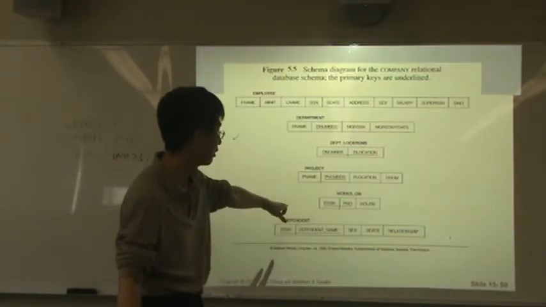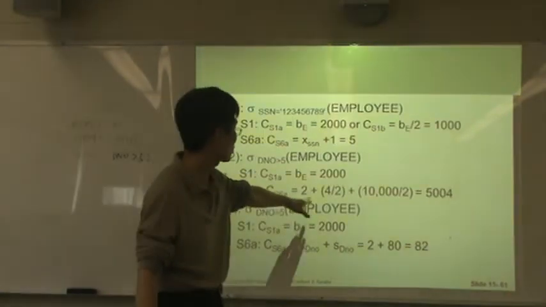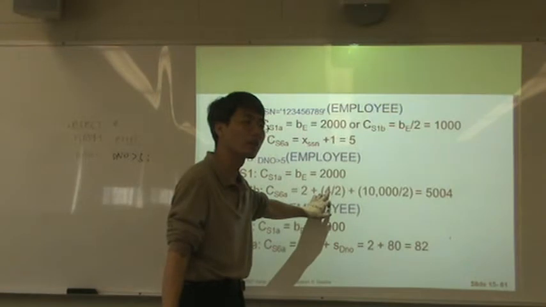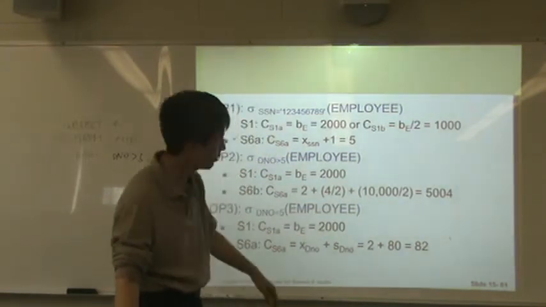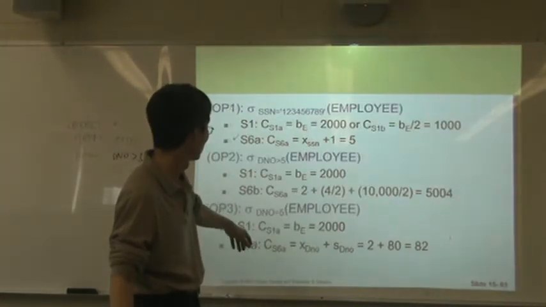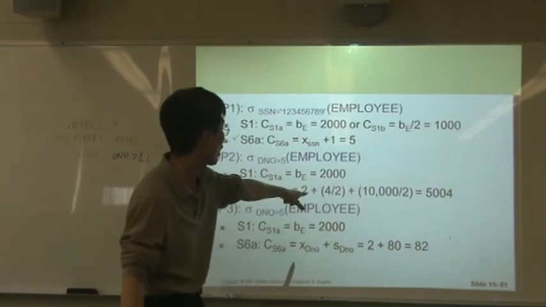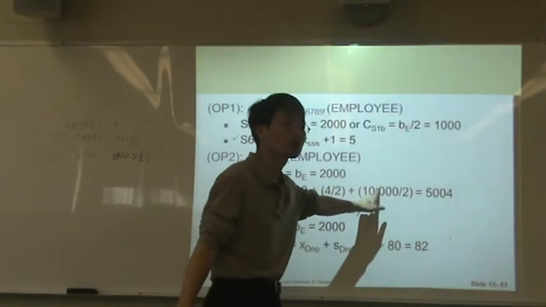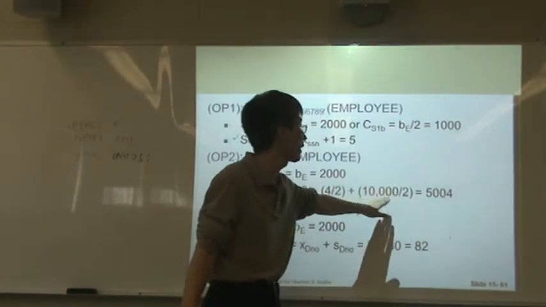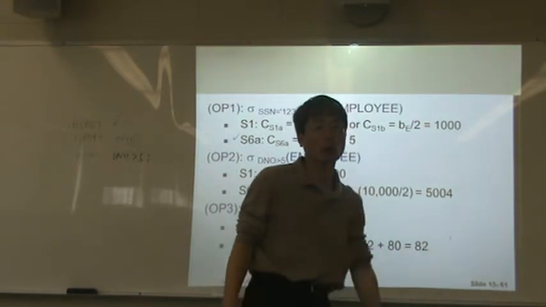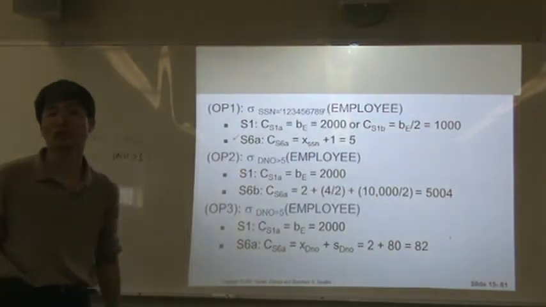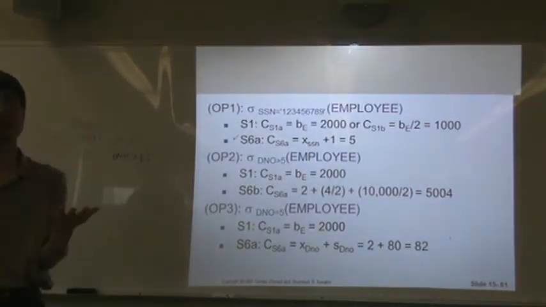Then this one is for the leaf node. How many leaf nodes? 4, it's half, so it's 2. And the total number of employees divided by 2 is 5,004. This is the cost function. Is it true? It's the best estimation.